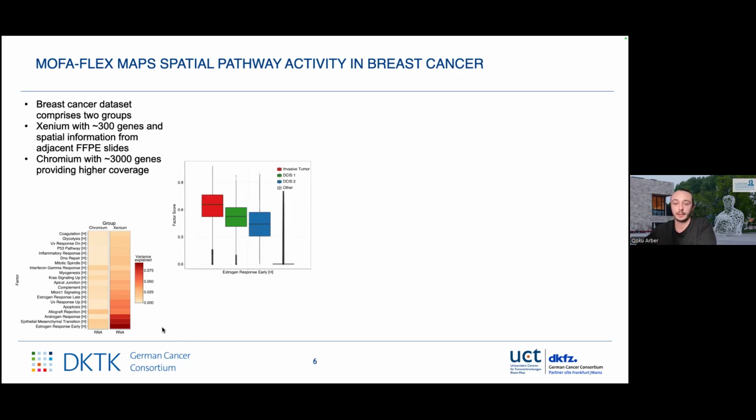When we have a look at this particular pathway modeling the estrogen response, we see that it significantly enriches across non-invasive ductal carcinoma samples and invasive tumors. So basically all these cancerous cells are highly enriched, having a much higher estrogen response compared to the other non-cancerous cells.